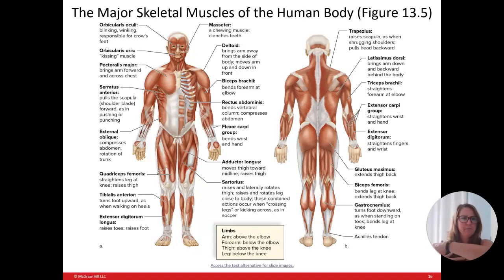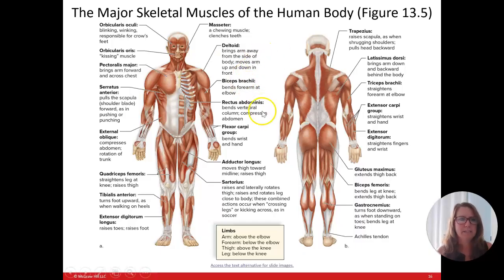So moving this way. Serratus anterior. These are along, not quite the obliques, but definitely in a more diagonal plane. So it's essentially under your arm, but on your chest. It pulls the scapula forward, as in pushing and punching. So thinking about this motion.